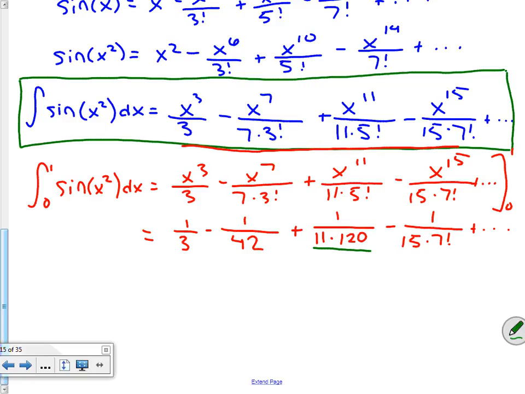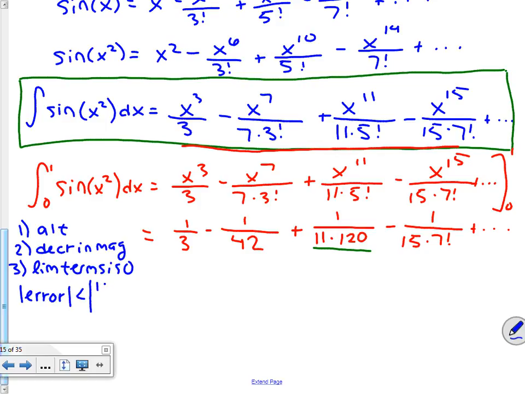So remember, let's verify our terms: if the series is alternating, decreasing in magnitude, and the limit of the terms goes to 0, then the error will be less than the first neglected term.